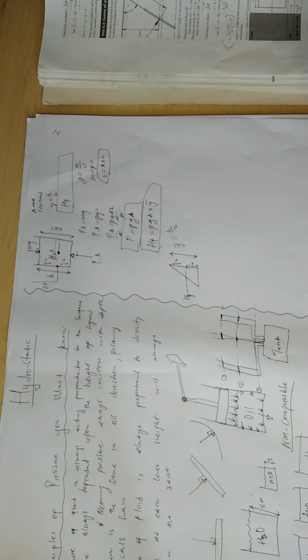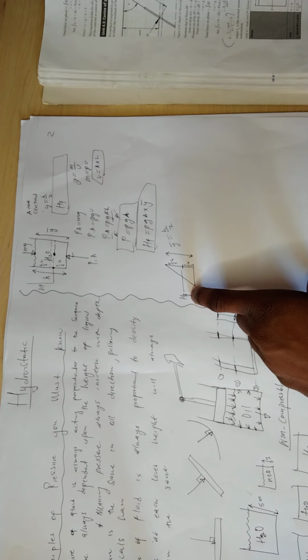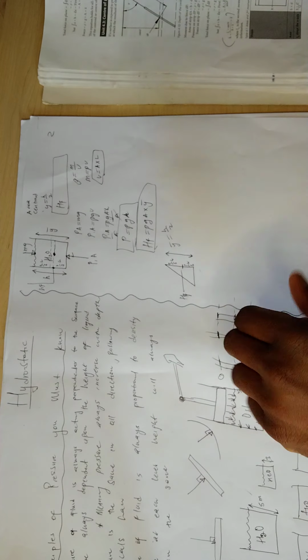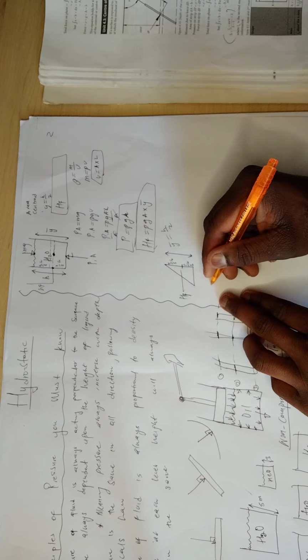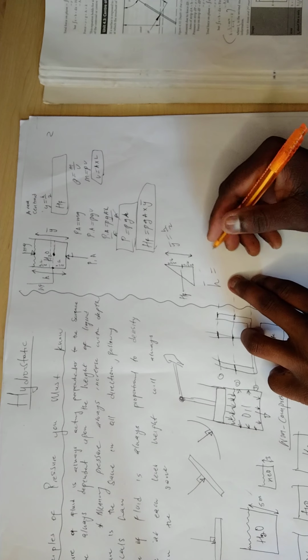So here, when they say determine the resultant force, we know we're going to use this HF. And when they say find the position where it occurs, we have to find H. The formula will be like this. This is the position where our force will occur.